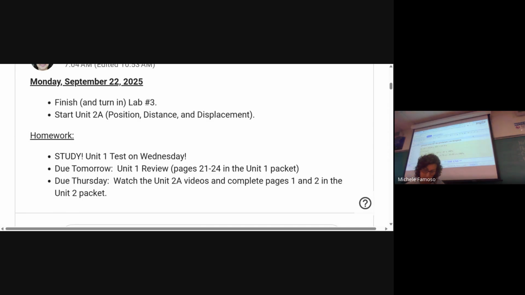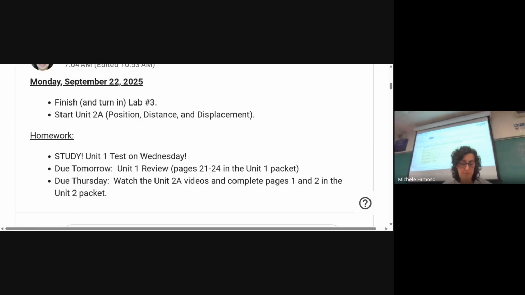It's really the exact same, same exact layout.